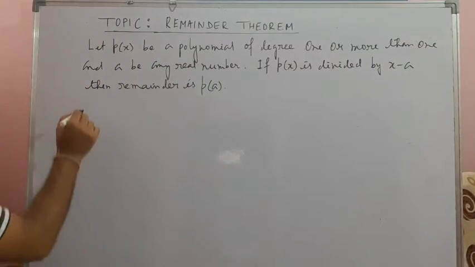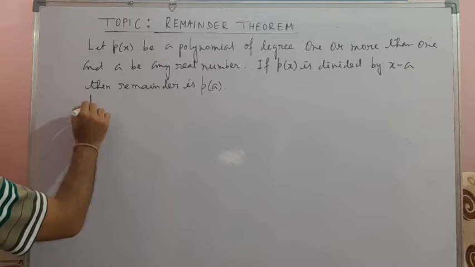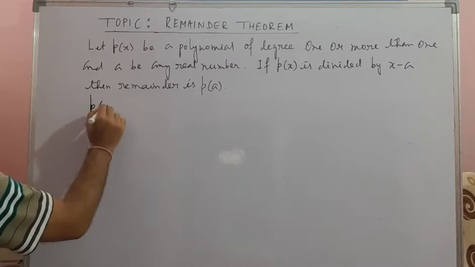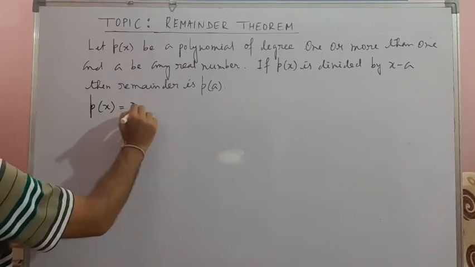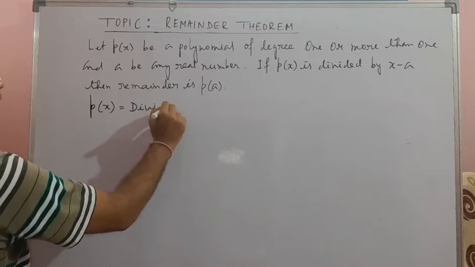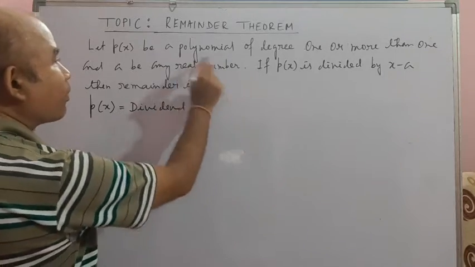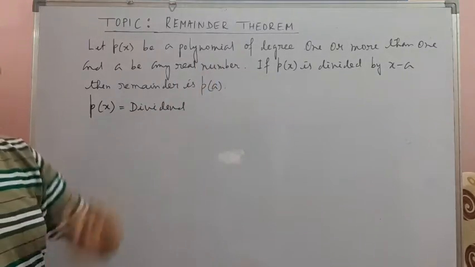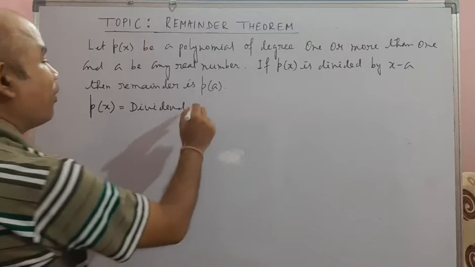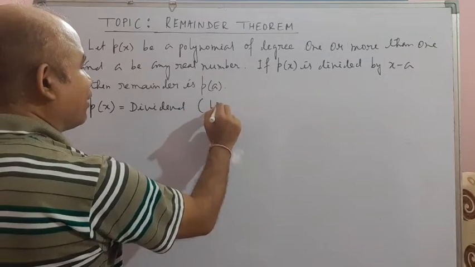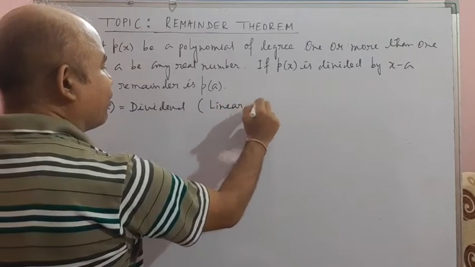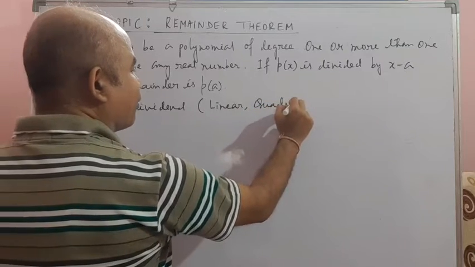First of all, what is P(x)? P(x) is the dividend. And this dividend is a polynomial of degree 1 or more than 1. If it is of degree 1, then it will be a linear polynomial. If it is 2, then it will be a quadratic polynomial.